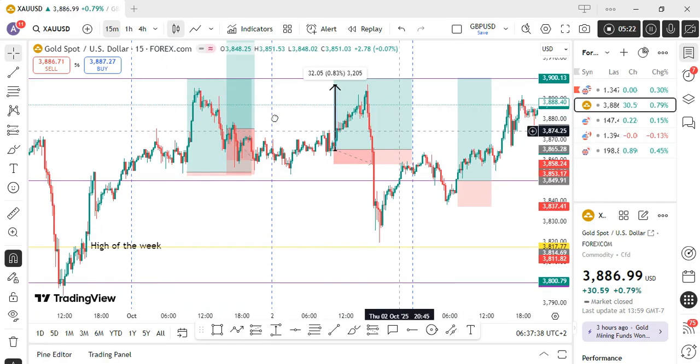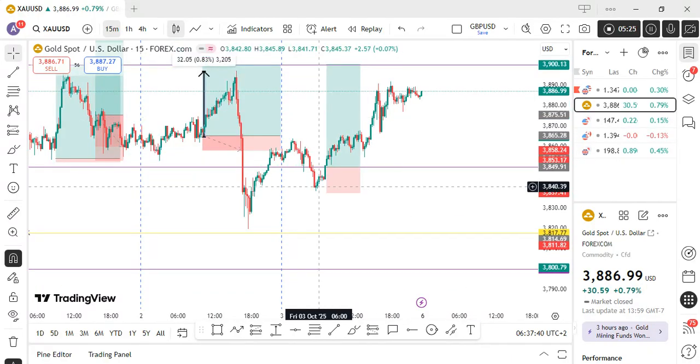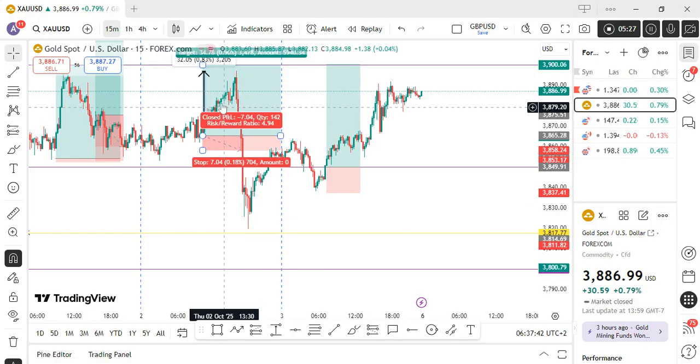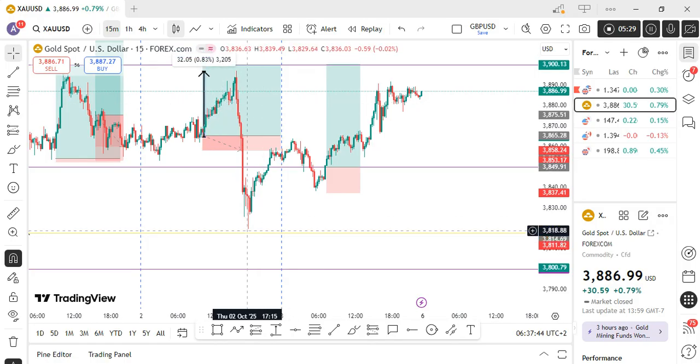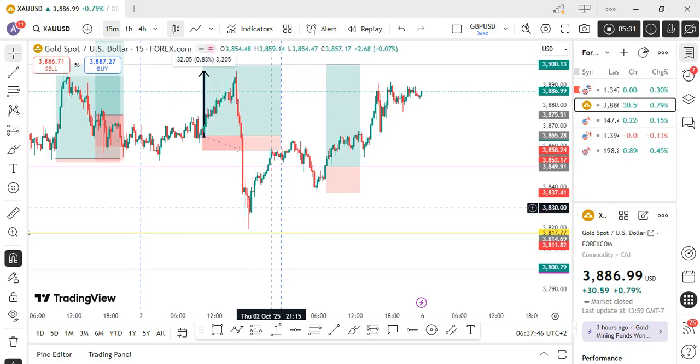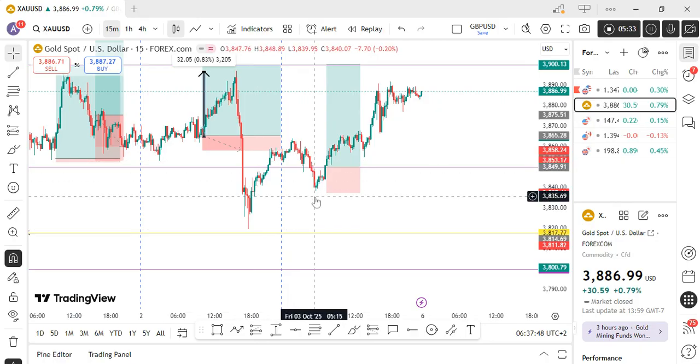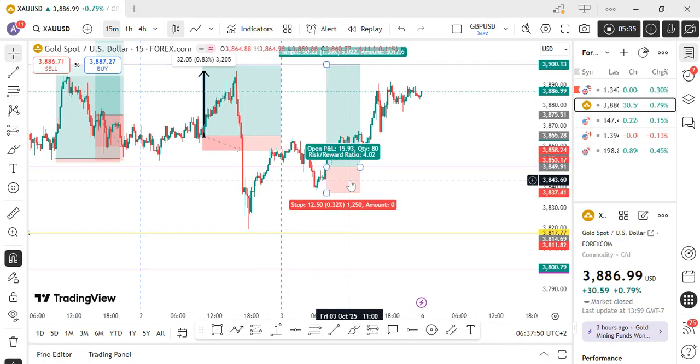So even yesterday also, I saw an opportunity on gold when I saw price eventually broke down, almost retesting this level, the high of the week. Then it definitely rejected, and here I saw an opportunity to go in long. I never entered the long trade. I'm not gonna lie, I never entered the long trade because I was waiting for price to eventually retest this same level.